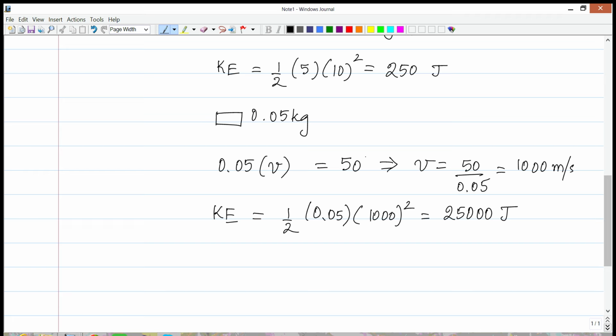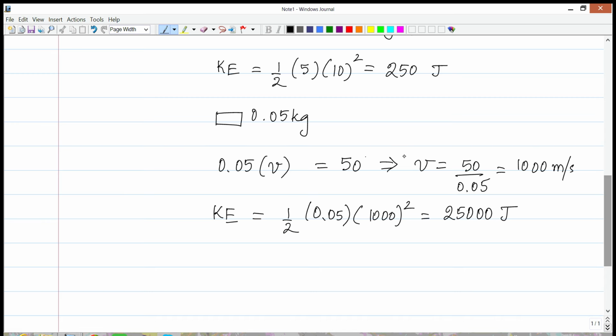The lighter object, on the other hand, will have the higher kinetic energy. This is the reason why the bullet is much more lethal than the gun itself. When a gun shoots a bullet, both of them will have the same momentum, but because the bullet has a lower mass, it has a much higher velocity, and as a result, a much higher kinetic energy.